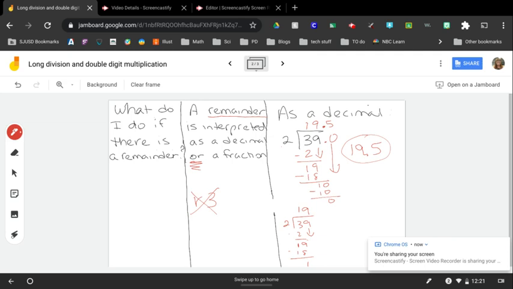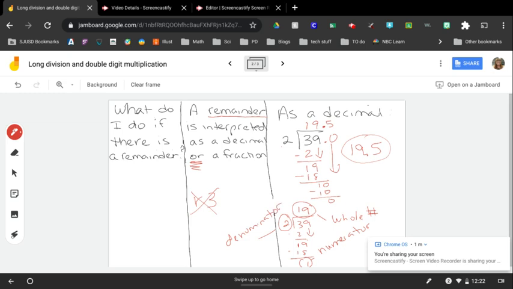All right, this is the important part. This is going to be your whole number. Very important that you know that. This is going to be your numerator. And this right here is your denominator.